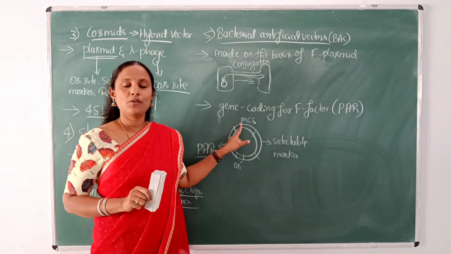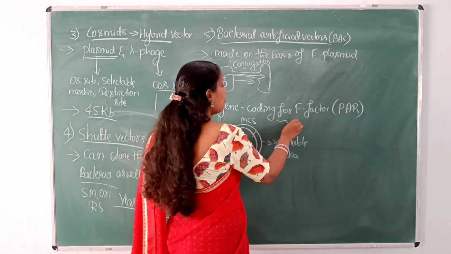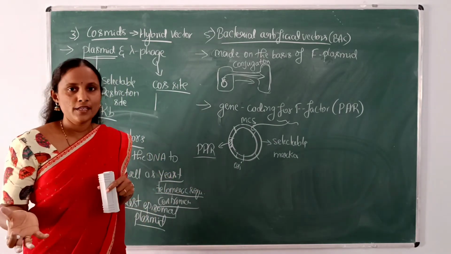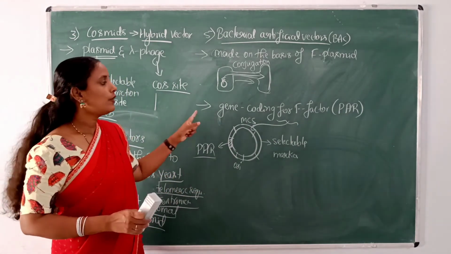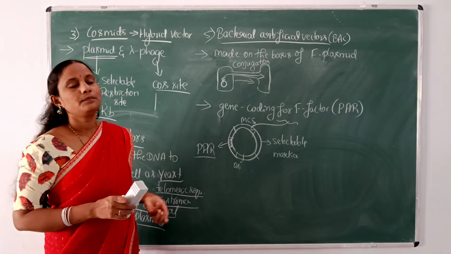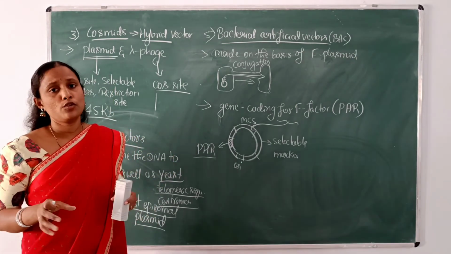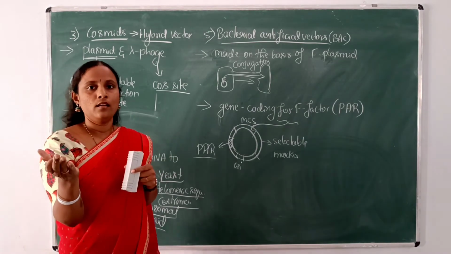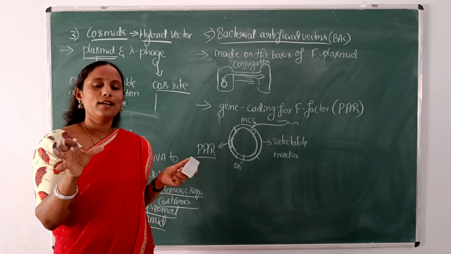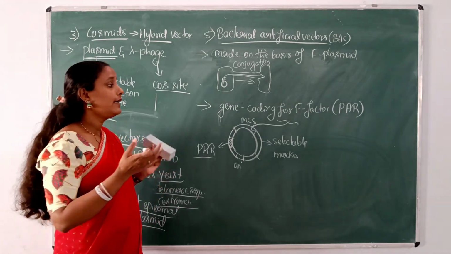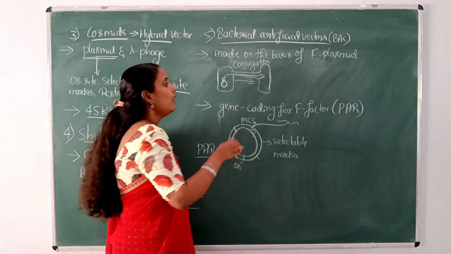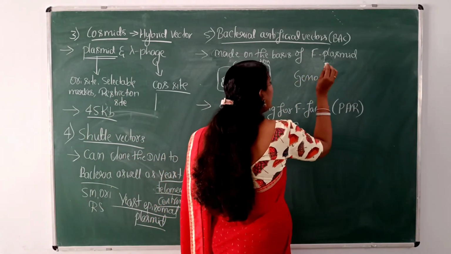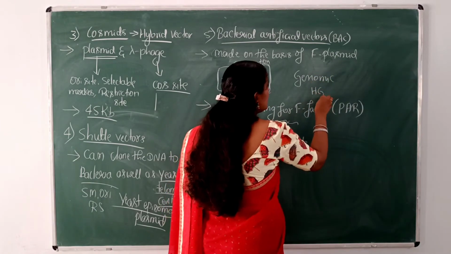So wherever the multiple cloning sites are present, there we can clone the gene of our interest, and this is made to transfer into the bacterial cells. So these bacterial artificial chromosomes can transfer DNA of more than 45, up to 100 kilobase pairs, and these are used in genomic projects like the Human Genome Project, HGP.